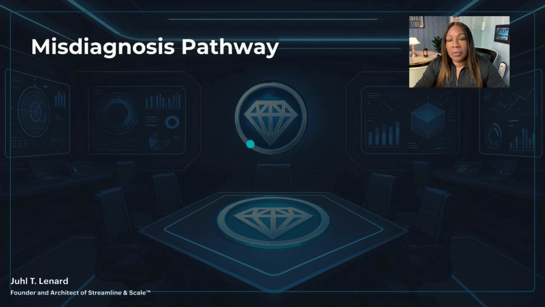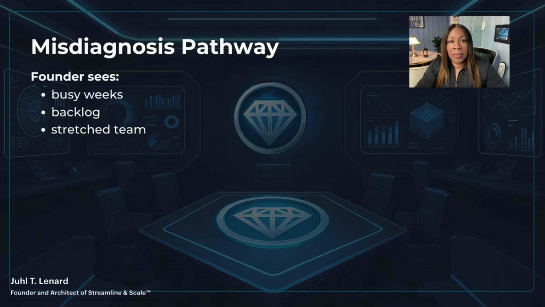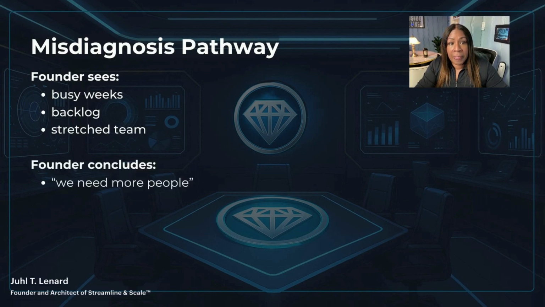So the misdiagnosis pathway is how we get there, because we are always diagnosing. What we're looking at with these patterns is how to not misdiagnose. The misdiagnosis pathway is the founder sees busy weeks, backlog, and a stretched team, right?